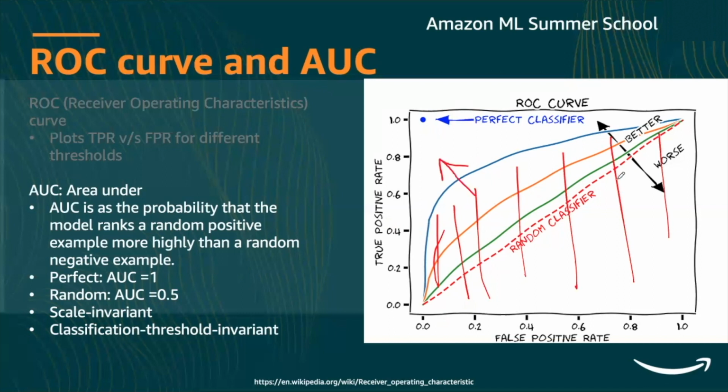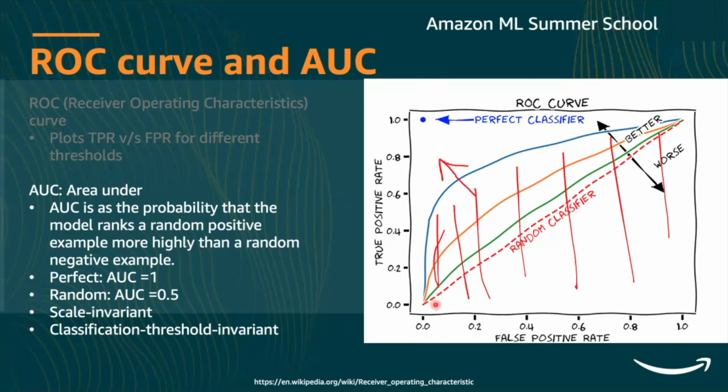So you can also compute the area under the curve. The more the area, the better the classifier. It can be understood as the probability that the model ranks a random positive example more highly than a random negative example. The perfect AUC is one, which would be here. This would be the perfect classifier.